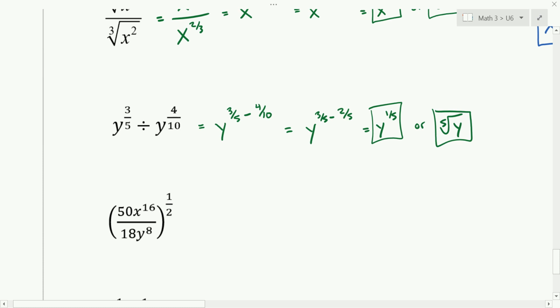50 and 18, huh? Well, the 50 and the 18, if you divide them by 2, you end up with 25 and 9, which is going to be very helpful for us because what does the 1/2 power mean?